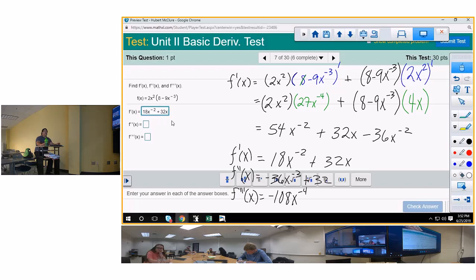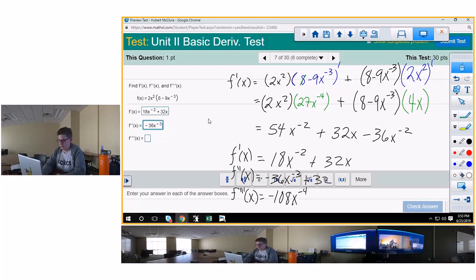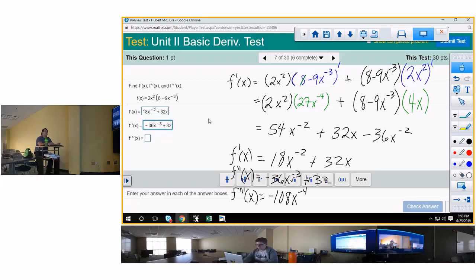And the second one, the second derivative, is -36x to the -3 plus 32. And then the last one is -108x to the -4.